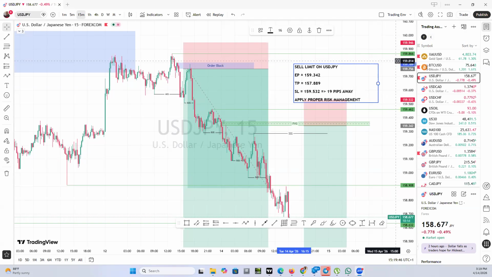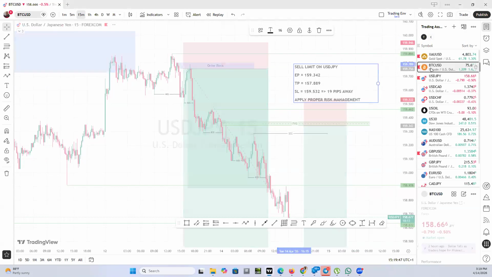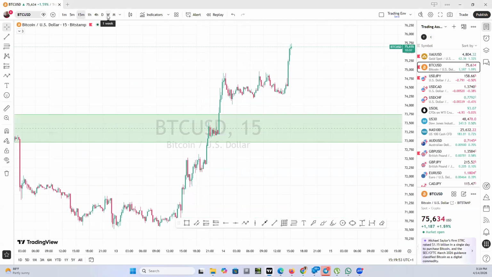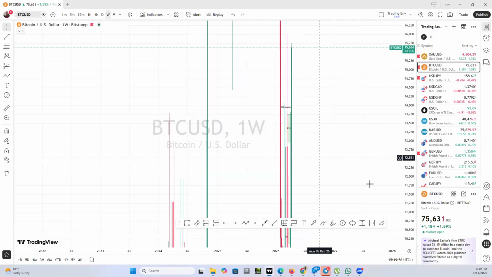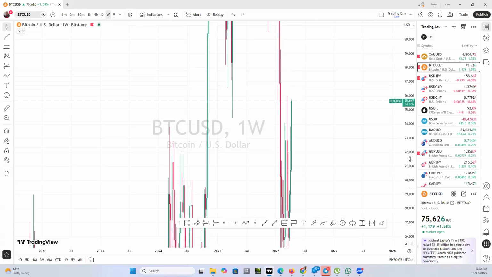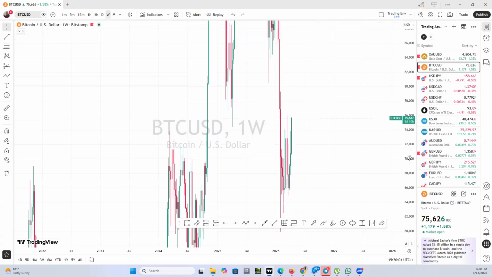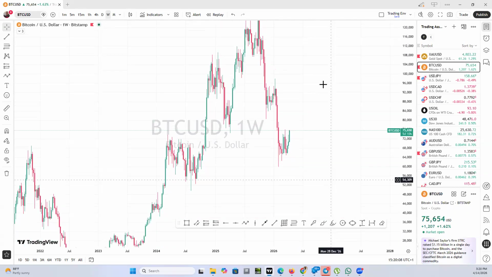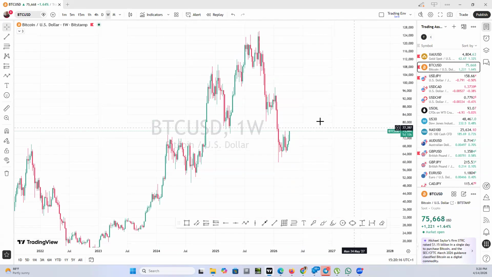Let's take BTC. I think I did analyze BTC, but let me start fresh. If we go back to BTC weekly time frame, as you can see here, BTC is bearish, right? On weekly time frame.